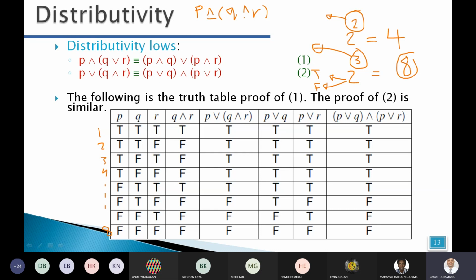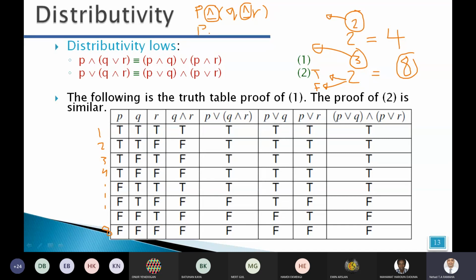Actually, if you have all operator same, you can, what we called it, this rule, I forget the name, but you can take each two with each other. It's normal. It's not distributivity.